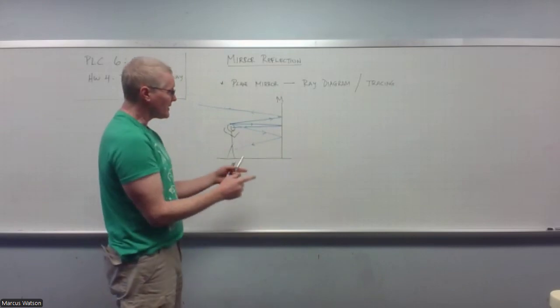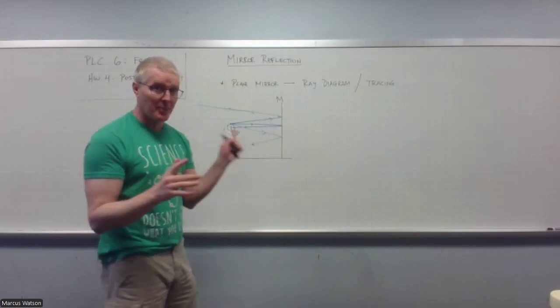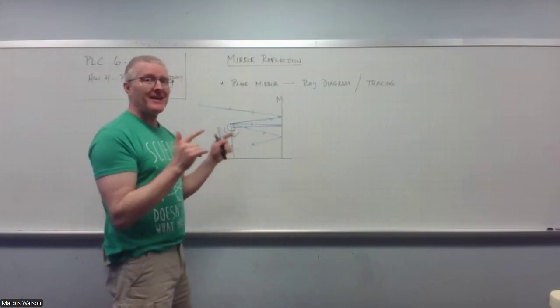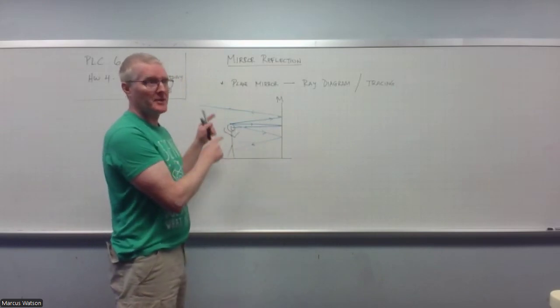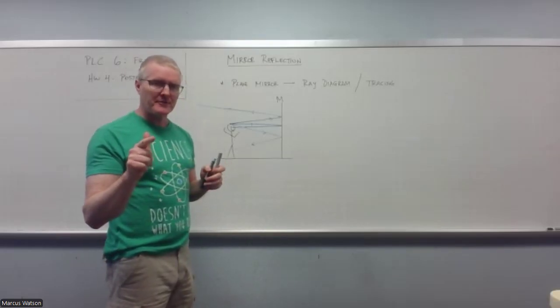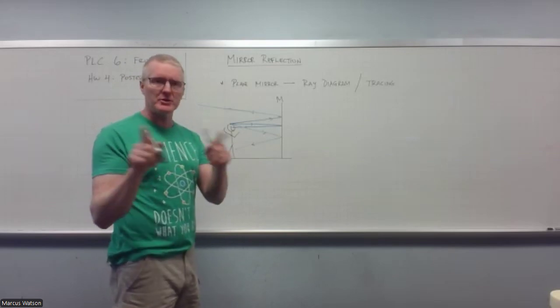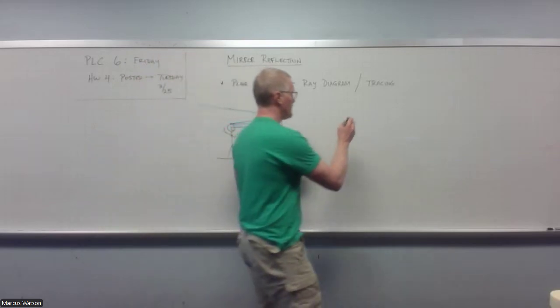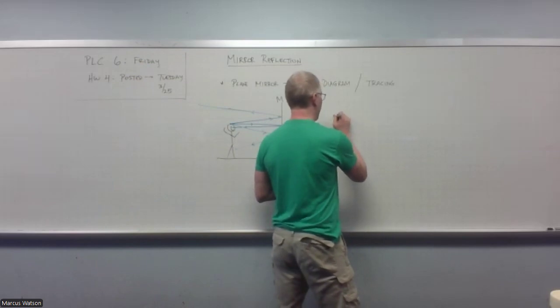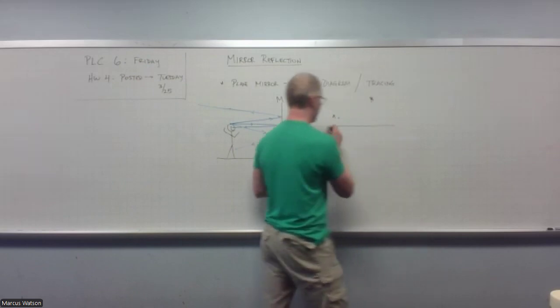The question is, where does it look to the person like this light is coming from? Now, remember yesterday when I talked about the principle of least time with reflection, and we talked about the billiards problem, where I had point A and point B, and a mirror here.